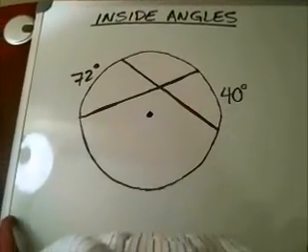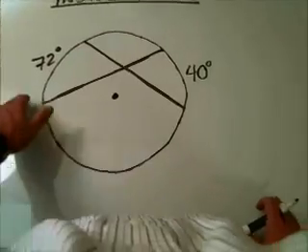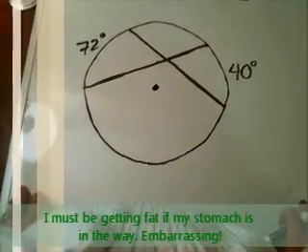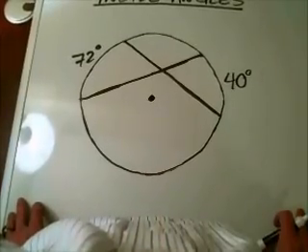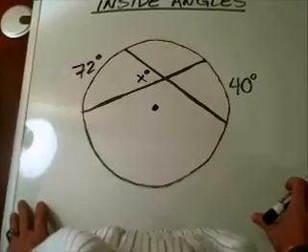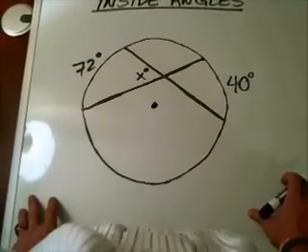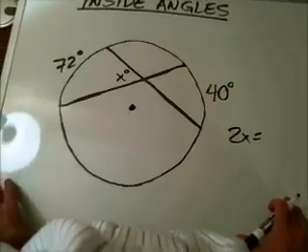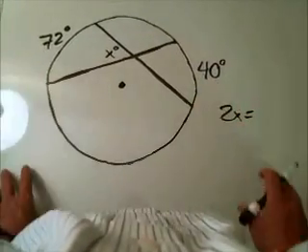Now let's say what I have here are two arcs. This left side arc is 72 degrees and this right side arc is 40 degrees. What I ask you to find is this angle here. Well, that's an inside angle, which means that two of these is going to give me the exact same thing as adding these two arcs together.